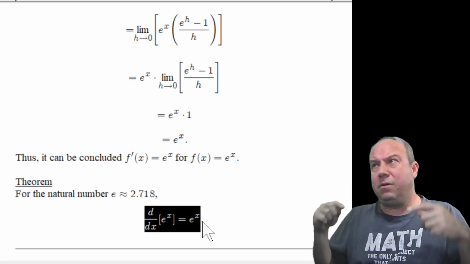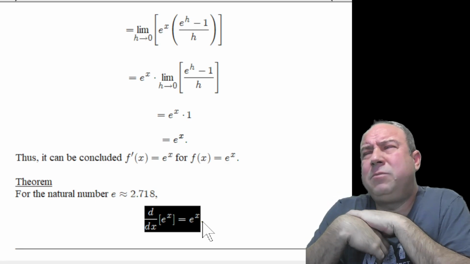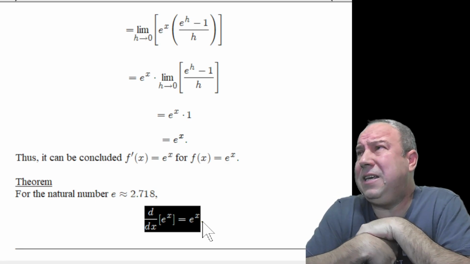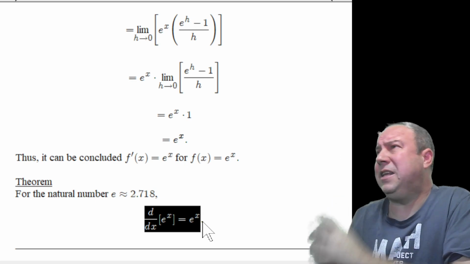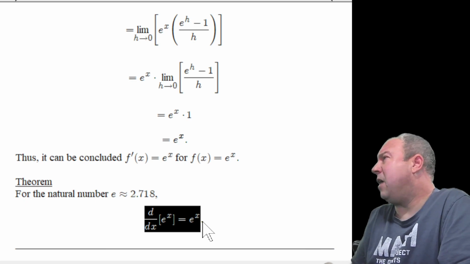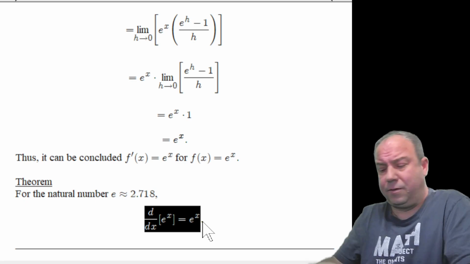So although the above is a little bit complex in terms of the theory and the value of e, the derivative result for e to the x is pretty fundamental, just being e to the x itself. All right.